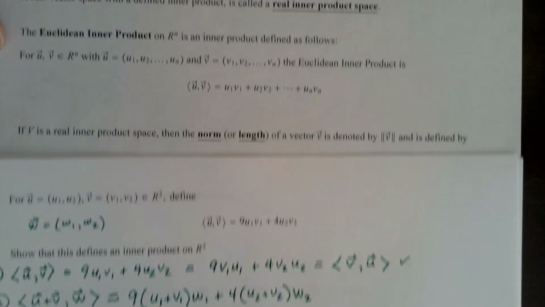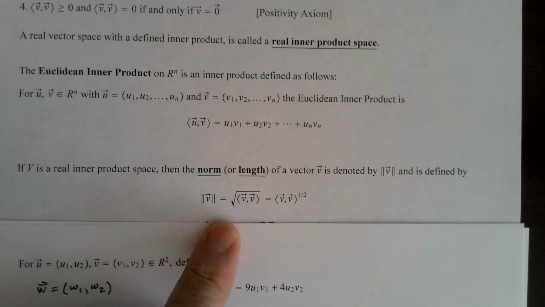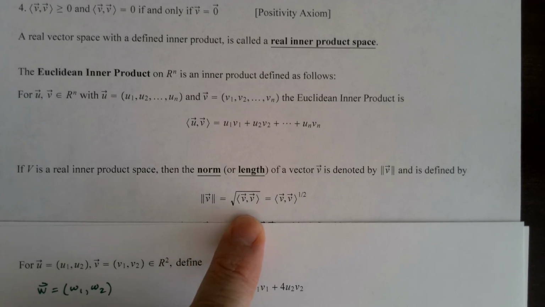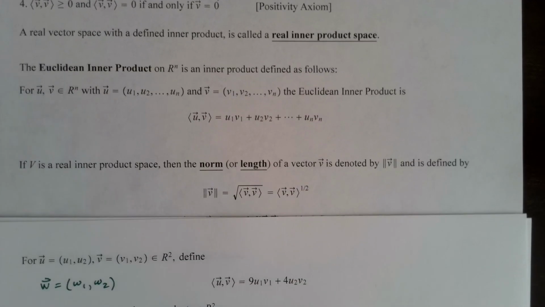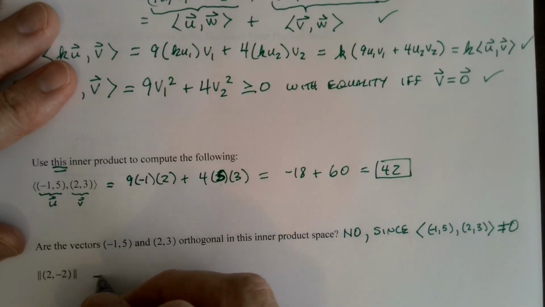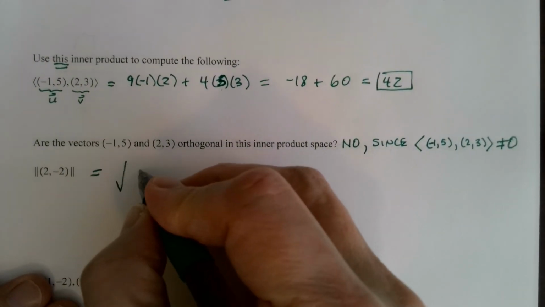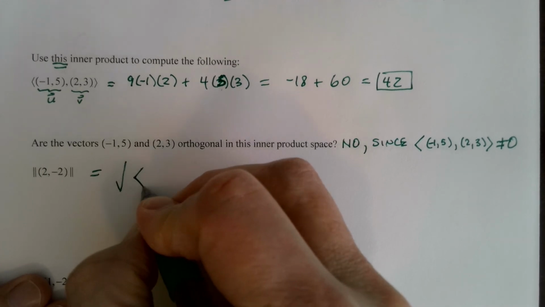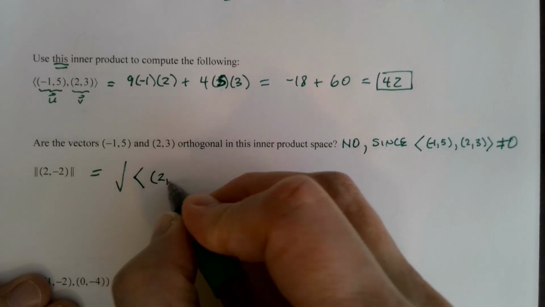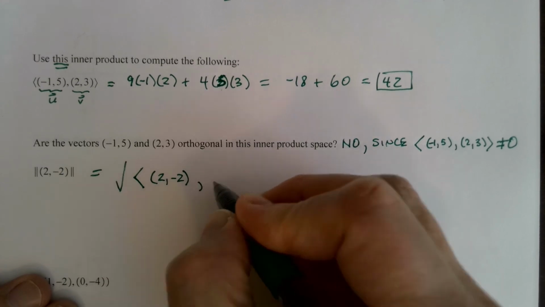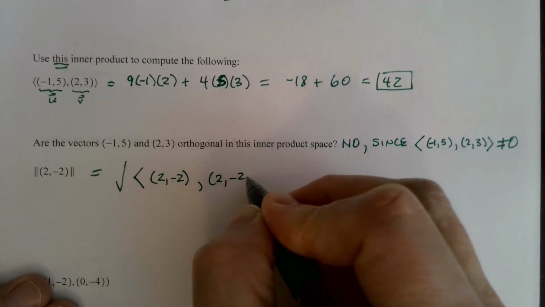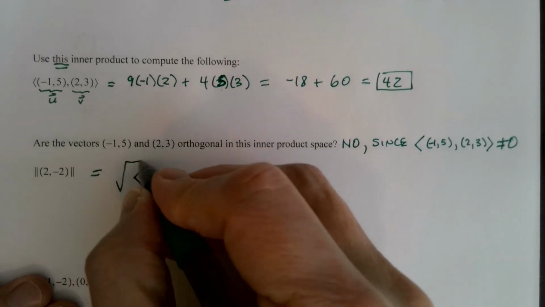And remember how we defined norm right here. It's going to be the square root of the inner product of the vector with itself. So by definition, this is the square root of the inner product of the vector, which is (2, -2), with itself. Now, it's tricky how to write this out correctly.